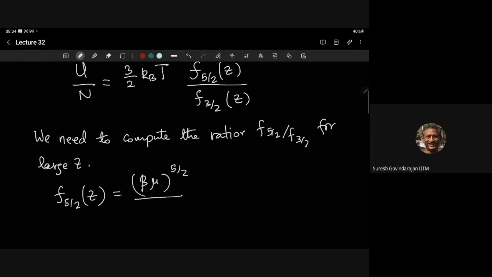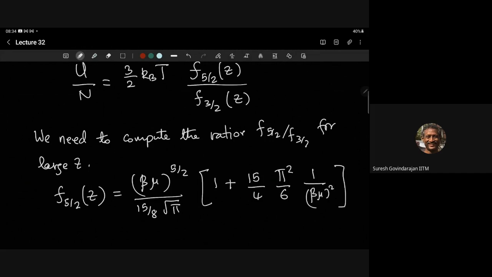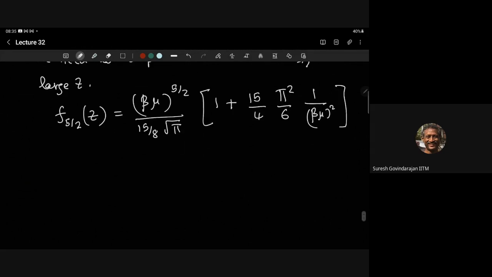By some gamma is there. So that is 15 by 8. I think this is gamma 5 by 2. Okay, there is some cancellation, but I've written it this way. Okay, so we want this guy to order x square.